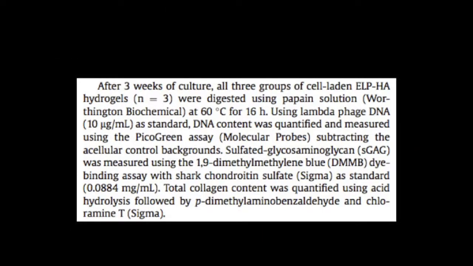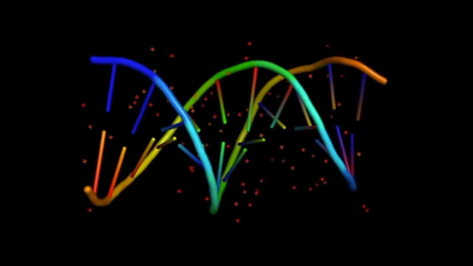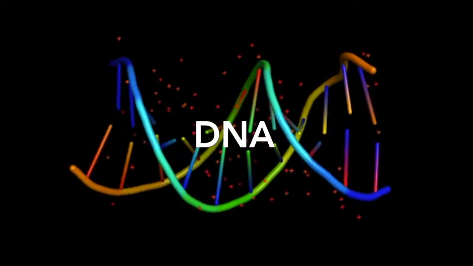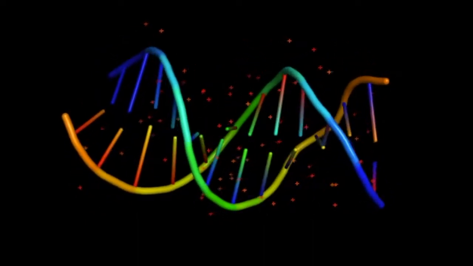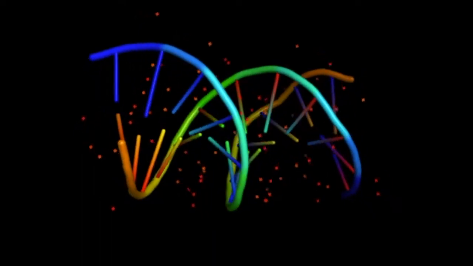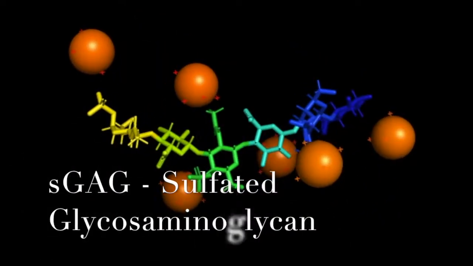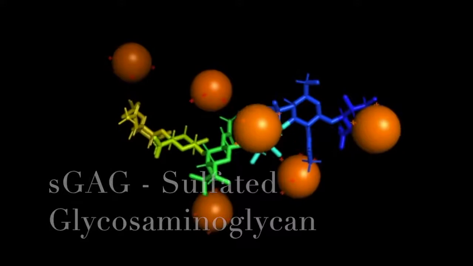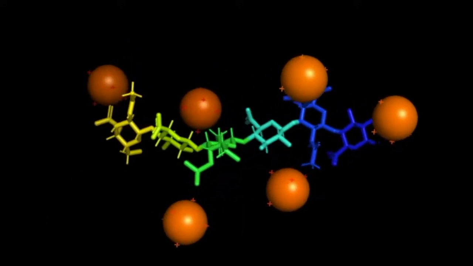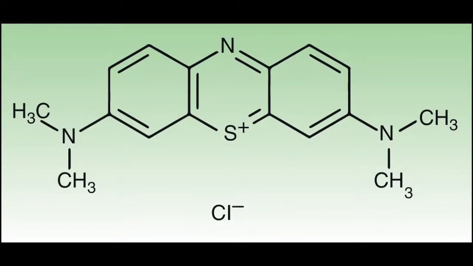After 3 weeks of culture, all 3 groups of ELPHA hydrogels were digested using a solution rich in cysteine protease enzyme, and from this digestion, DNA content was quantified and measured. Sulfated glycosaminoglycan was measured by using DMMB, which stands for 1,9-dimethylmethylene blue, and total collagen was quantified through an acid hydrolysis reaction.